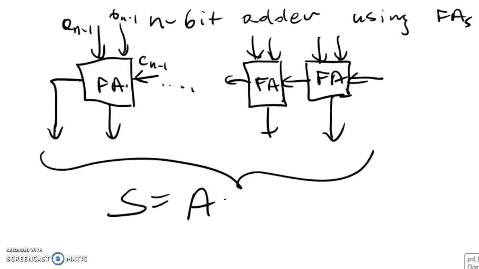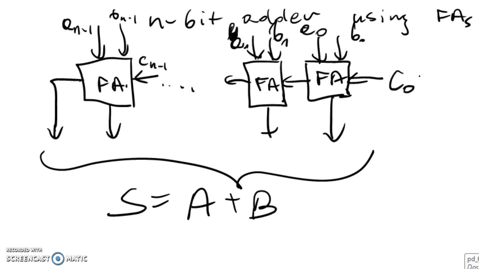S is equal to A plus B. It is arithmetical addition. Okay, it is the A0 B0 bit and A1 B1 bit, and here is a C0 which must be equal to 0. So we connect this to the ground.